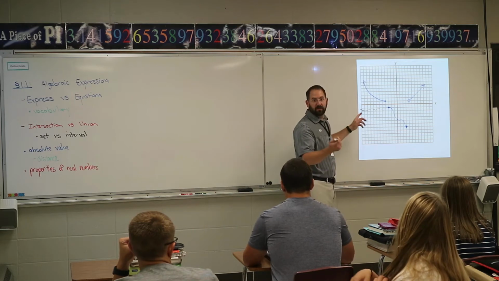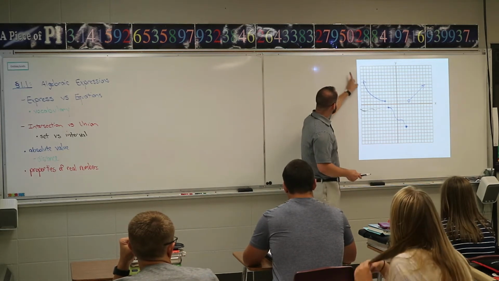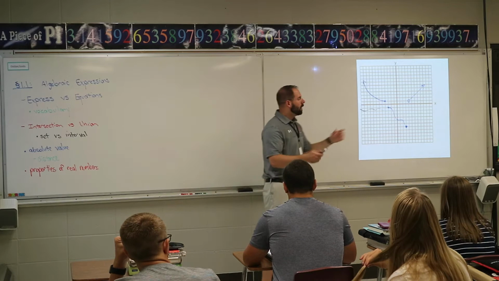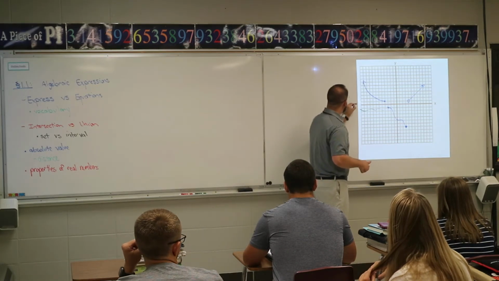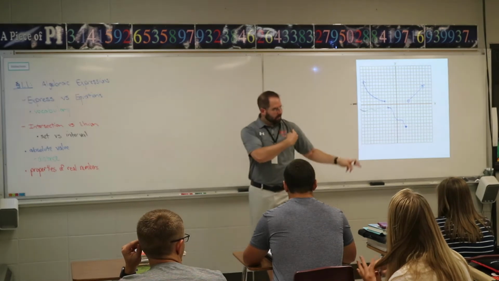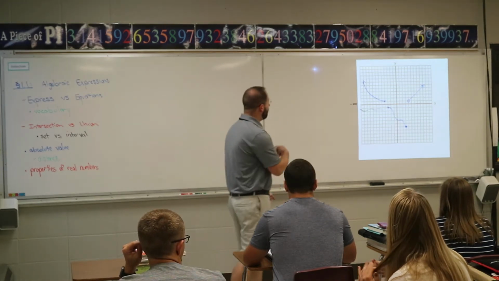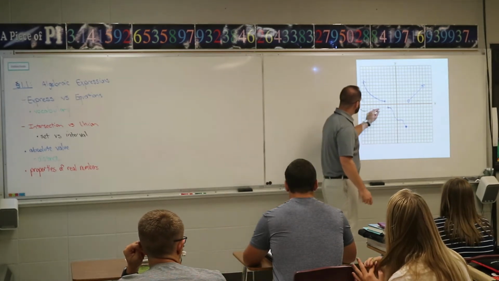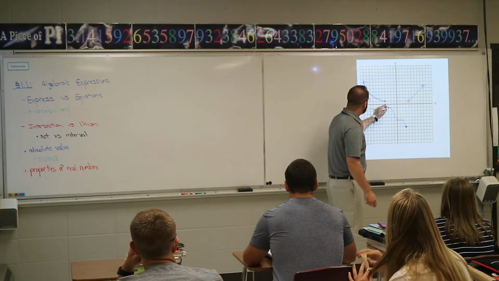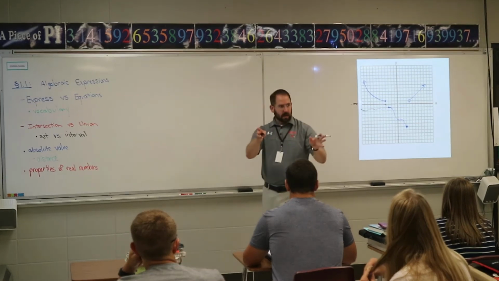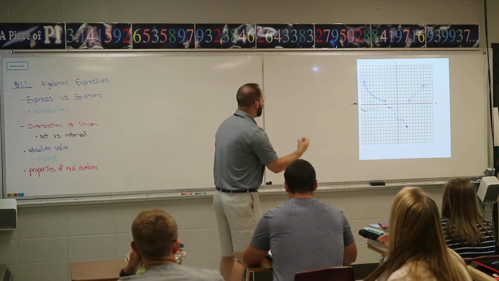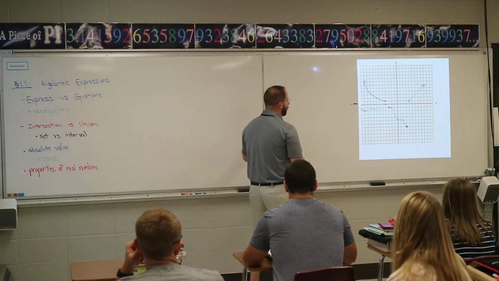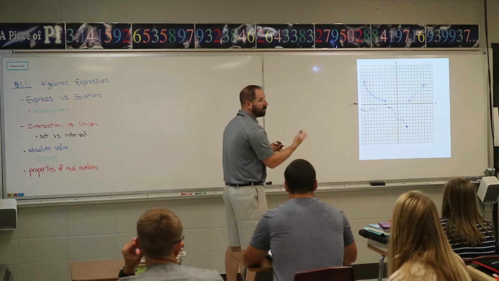Negative infinity, right? Because it has an arrow, so it's going this way forever. It doesn't stop. Negative infinity is not a number, it's a direction. Then I'm going to eventually move up until I hit negative 4. That would be the domain set, because negative 4 is right where that dot sits, and it's a solid dot. So how that would look with intersection and unions, we would have to go to interval notation.